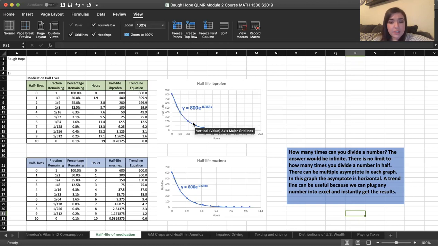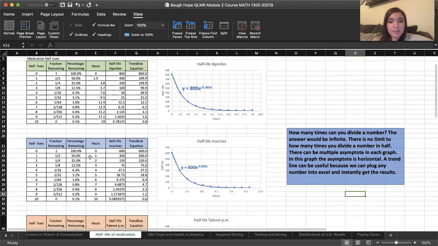A trend line can be used because we can plug any number into Excel and it will instantly give you the results. I'm new to the whole Excel thing, but I've grown to enjoy it. It's very nice to use, you just plug in the numbers, and so a trend line can help you in that way. And then there can be multiple numbers per line.